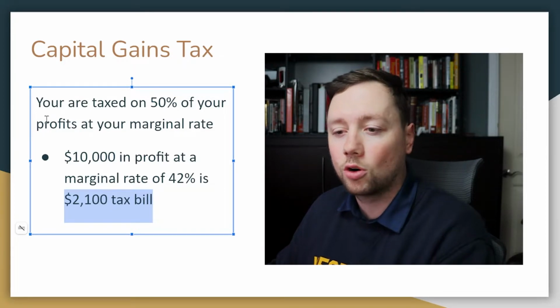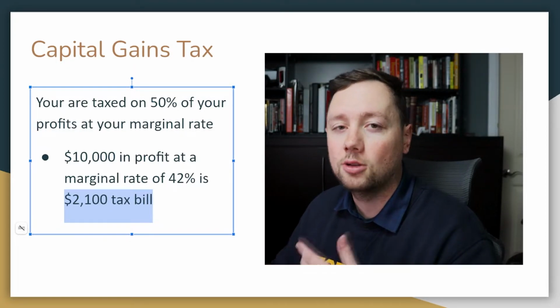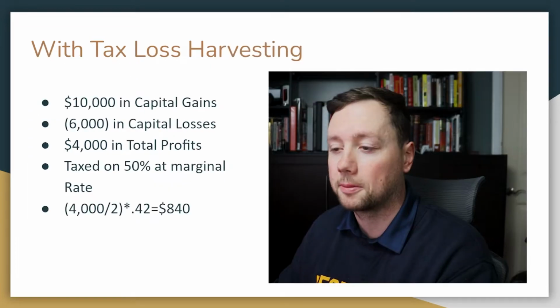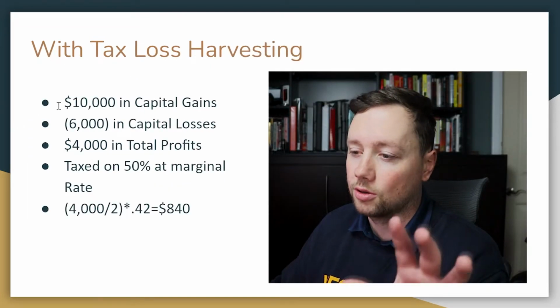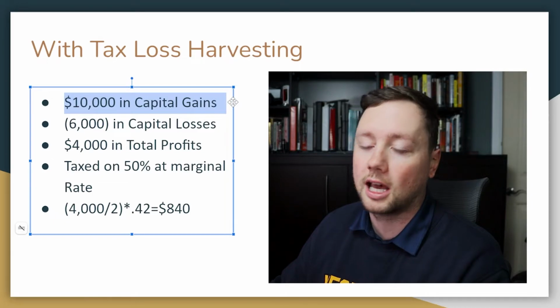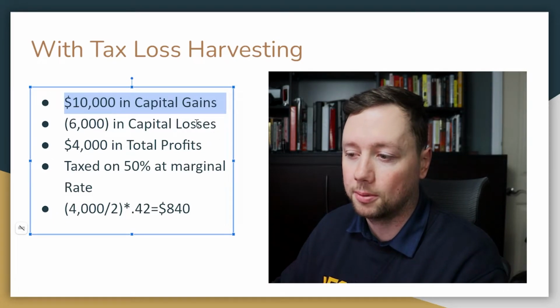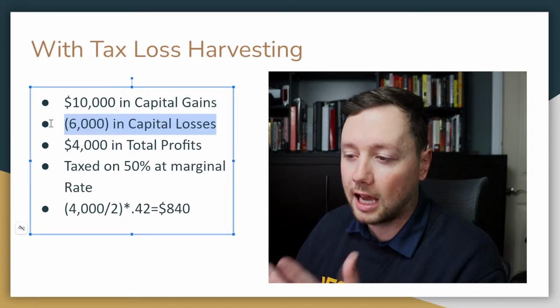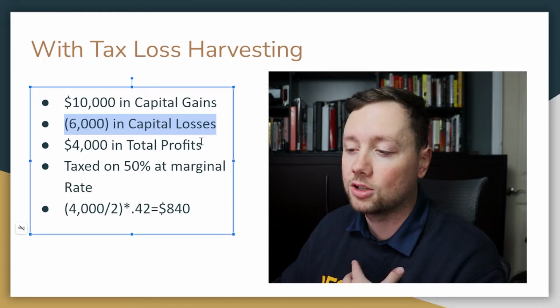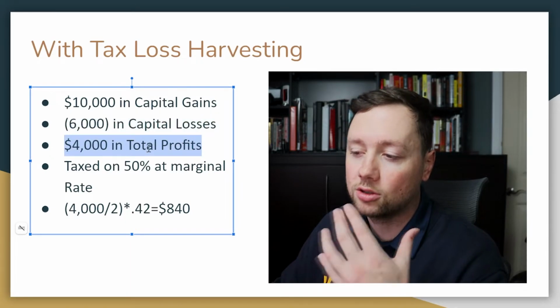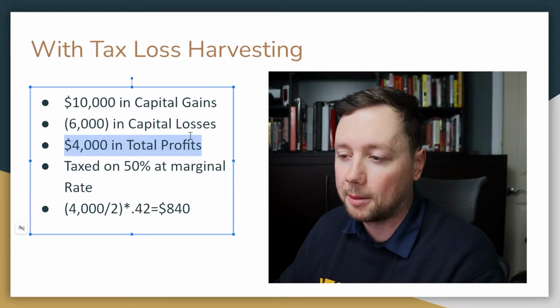Now, if you incorporate tax loss harvesting and you have some capital losses to offset your capital gains, here's what it would look like. So you've got the same $10,000 in capital gains that we just used as an example. You have $6,000 in capital losses here. That means that in total, you only have $4,000 in total profits or in total capital gains.